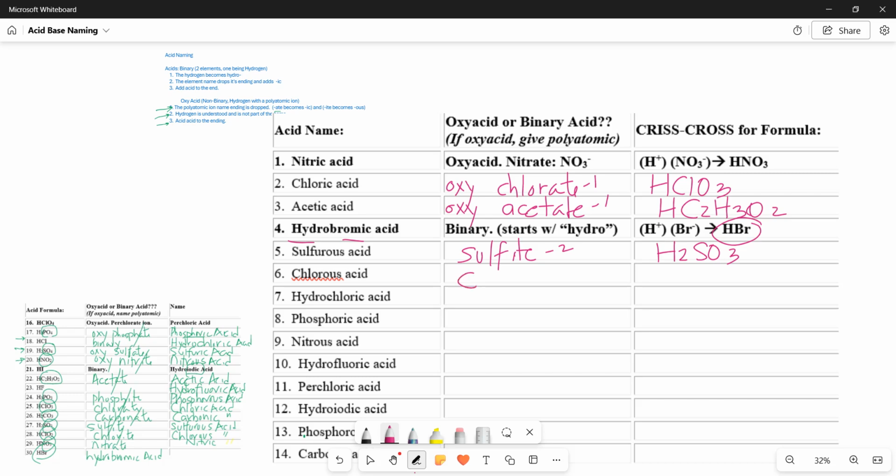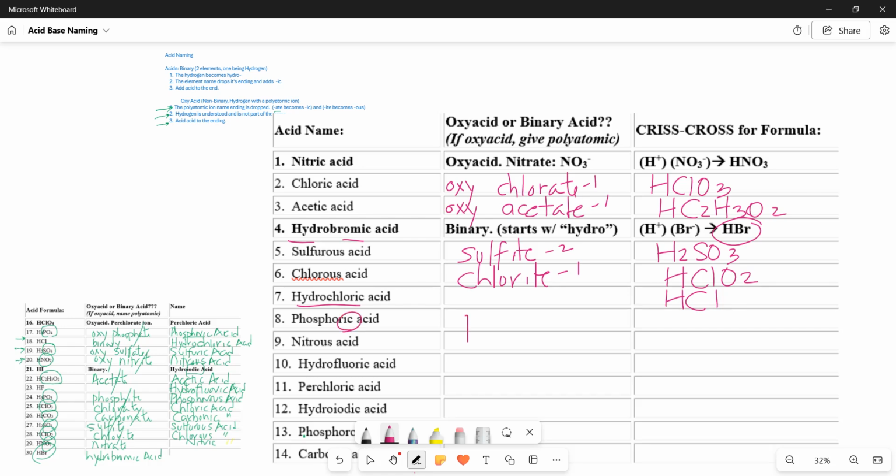It is chlorite. It has a -1 charge, so we're only going to need one hydrogen with the chlorite poly. The next one, hydrochloric, that means it's binary. And so we're going to have one hydrogen with chlorine, and chlorine is a -1, so it's 1:1.